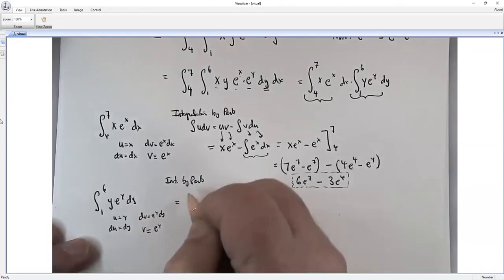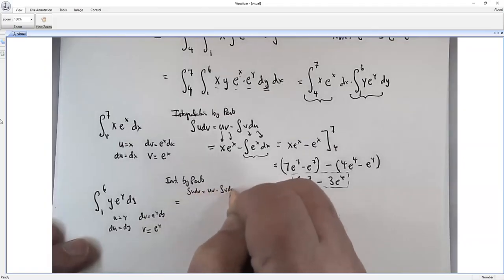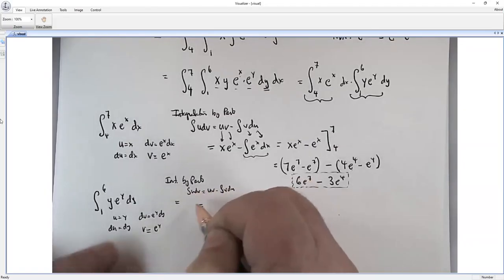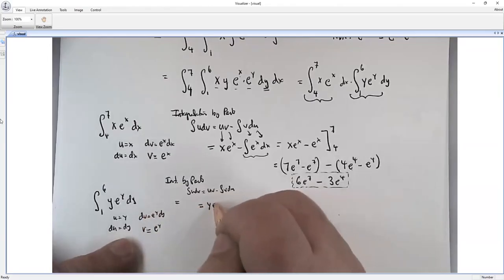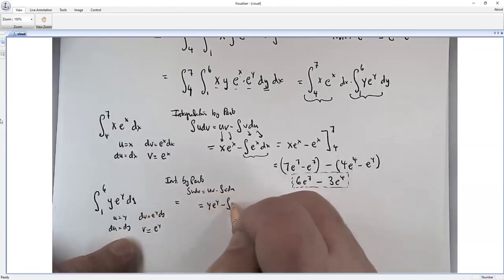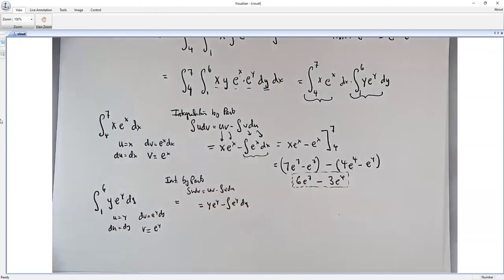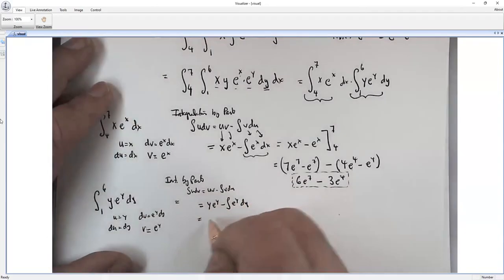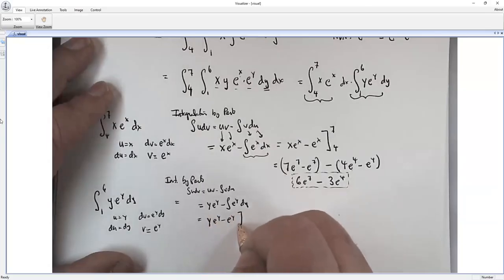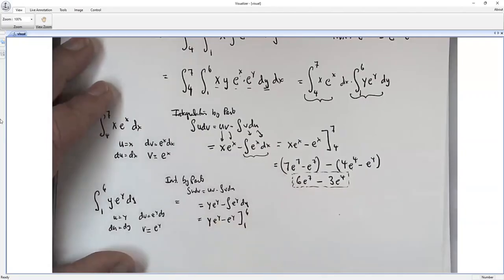Plugging my parts in, the integral of u dv equals uv minus the integral of v du. This will turn into u times v, which is y e to the y, minus the integral of v, which is e to the y, dy, since du is dy. This is y e to the y minus e to the y, evaluated from, no plus c's on this one, 1 to 6.